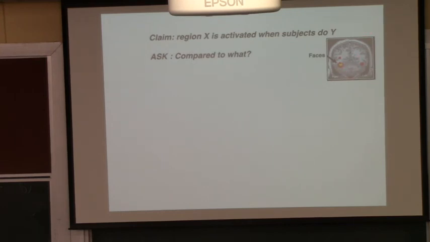Instead, they could be related to eye movements, for example, right? And so you need to make sure that the controls that you're doing when you're doing these fMRI experiments are well thought through, and you understand what the conditions that you're comparing to are being used. Okay? So in fMRI, you can only tell about the difference between conditions and not absolute activity.